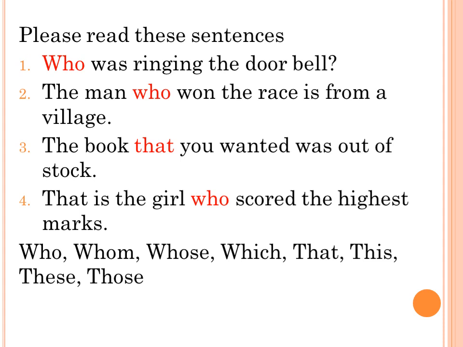Similarly, in the second sentence, the book that you wanted was out of stock, the pronoun that is a relative pronoun that relates the noun book to the words you wanted. In the third sentence, the people whom we met were going to the fair, the relative pronoun whom relates the noun people to the group of words we met.